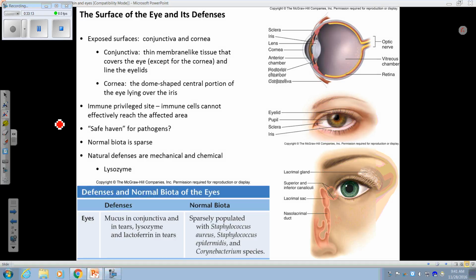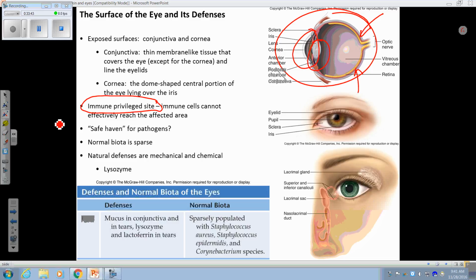So, eye anatomy. The eye is generally an immune privileged site, which means that there's not a lot of circulation there. And in fact, if you think about it, circulation through the cornea is completely absent, as is through the lens. Circulation is only through the choroid here, okay, and a little bit through the retinal vein and artery.